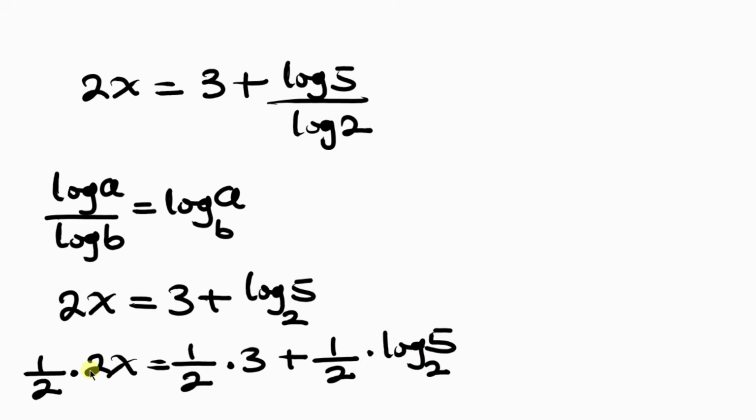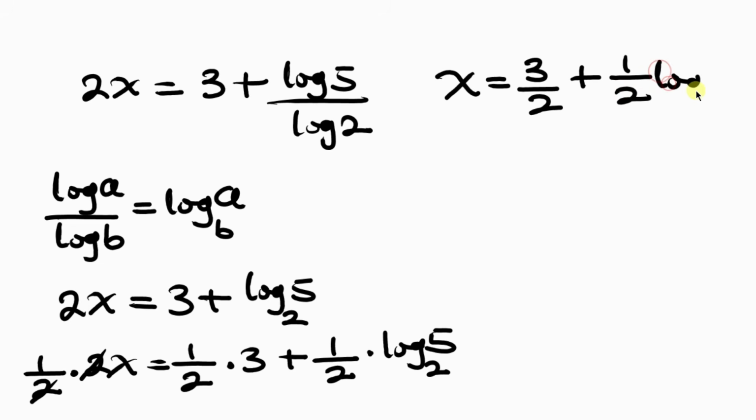Now see something. That 2 cancels out 2, leaving behind 1 times x, which gives x to be equal to, now 1 over 2 times 3 gives 3 over 2, plus 1 over 2 times log base 2 of 5 gives 1 all over 2 log base 2 of 5. And this is our final answer.